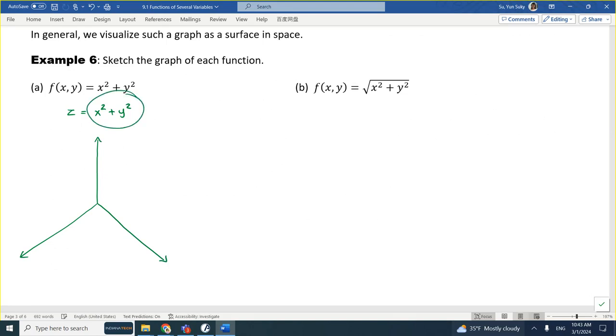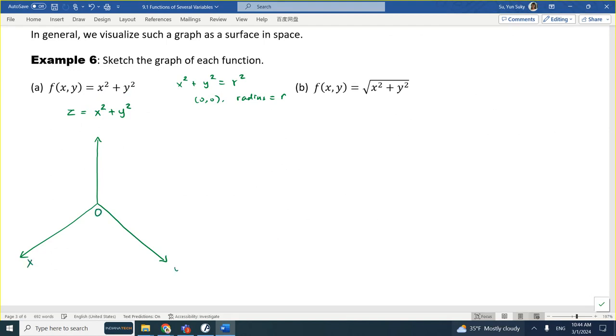Do you feel that it looks like a circle? Because what's the standard form of a circle? The x squared plus y squared equals r squared, right? This is a circle centered at the origin with radius r. Do you agree, everybody?